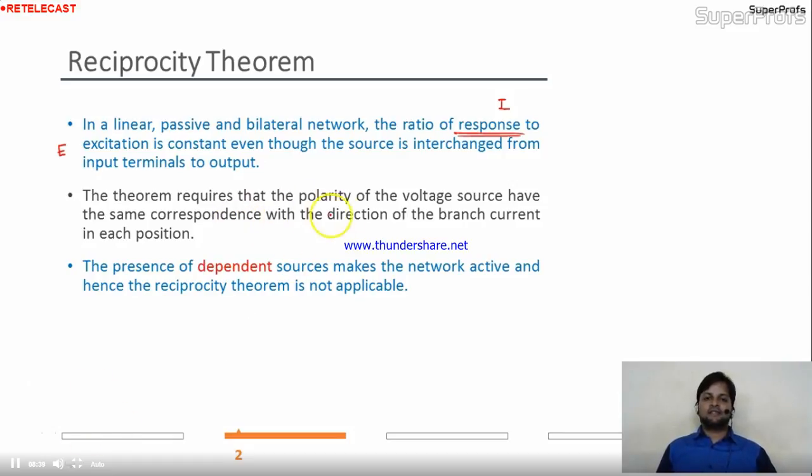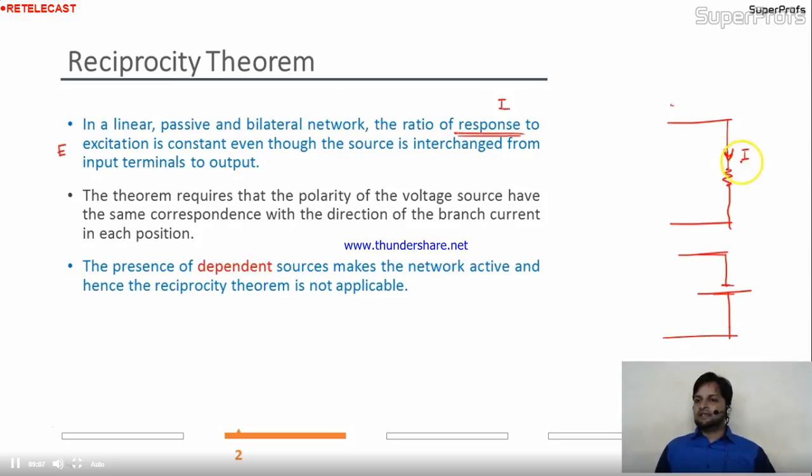The theorem requires that the polarity of the voltage source have the same correspondence with the direction of the branch current in each position. Meaning if in that particular branch where the response I is given the direction of the current is like this, when in this particular branch instead of I we apply the battery or excitation, the polarity of the excitation will be kept like this, so the current value will be intact, I.